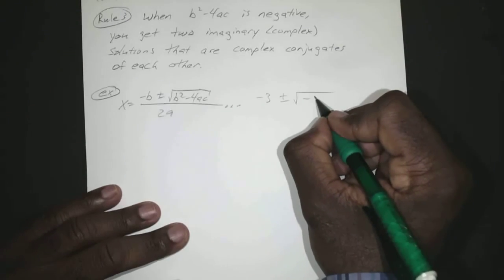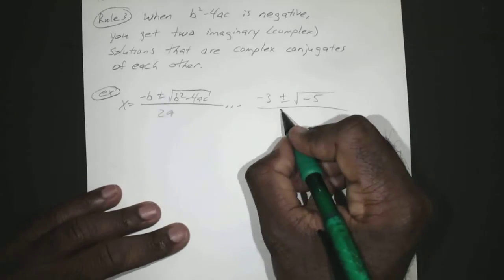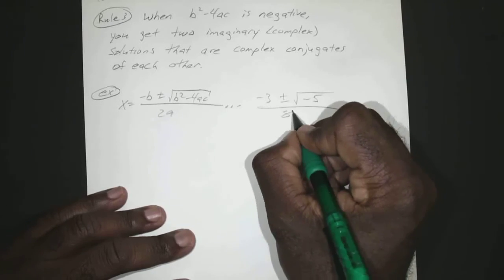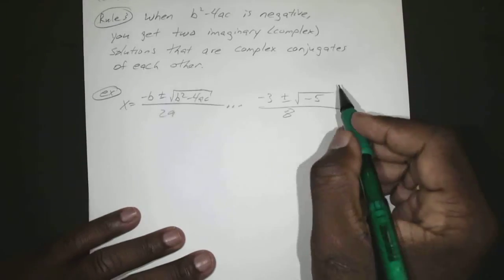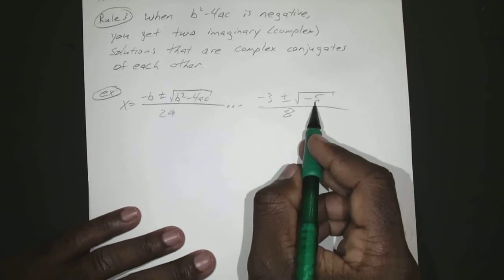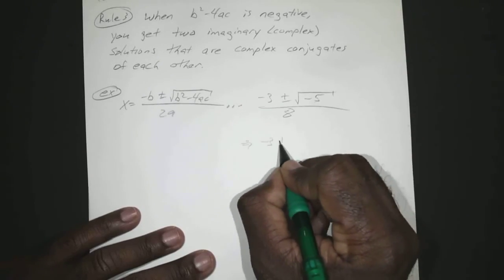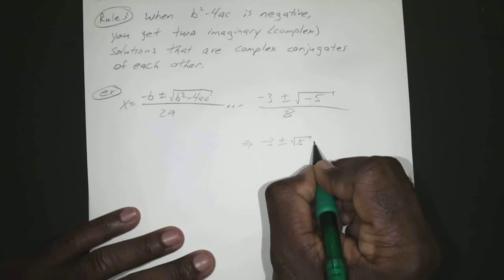Square root of negative 5 all over 2 times, I'll say 4, and make that 8. Okay. So if you remember your complex numbers, that square root of negative 5 is going to become square root of 5i.